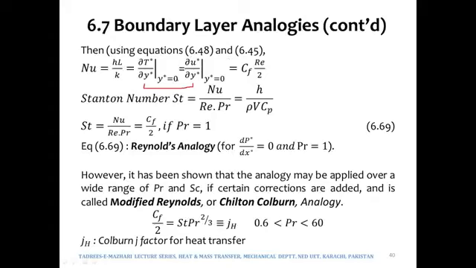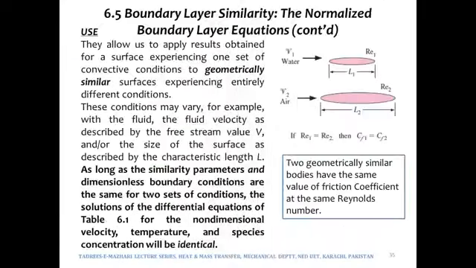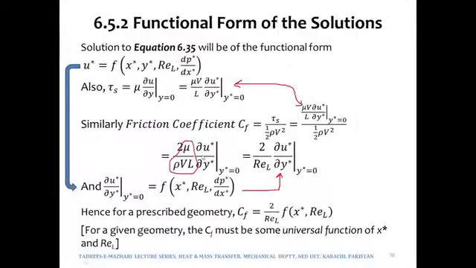And then del u star by del y star is Cf times Reynolds number by 2. This is what we had seen in the velocity or hydrodynamic boundary layer portion. I can show you that del u star over del y star is Cf times half Reynolds number. Yes. See, del u star by del y star is Cf times Reynolds number by 2.